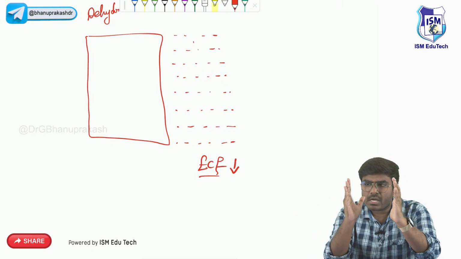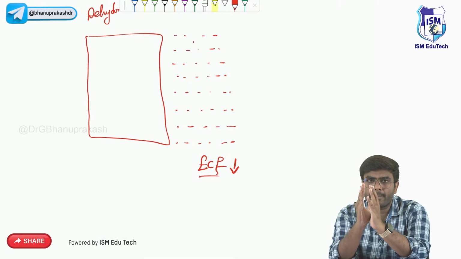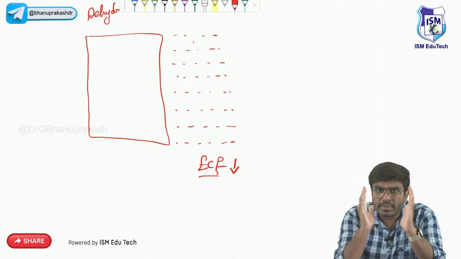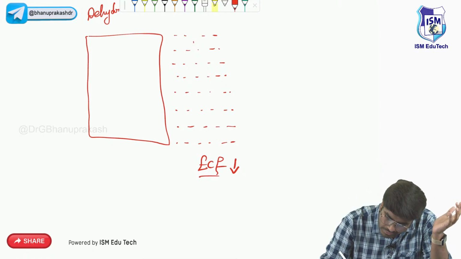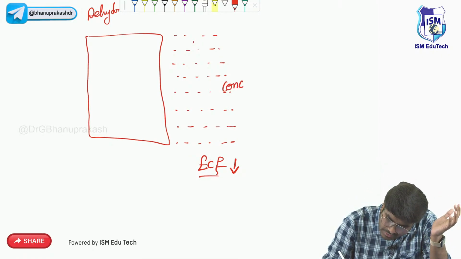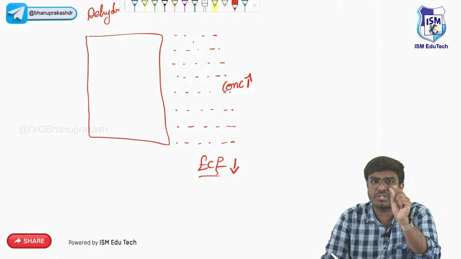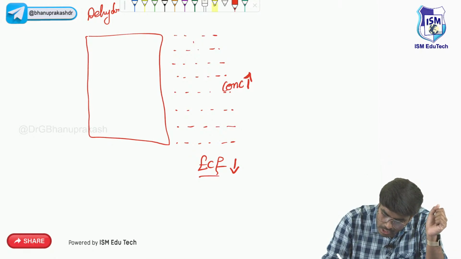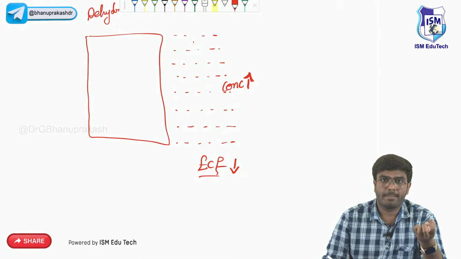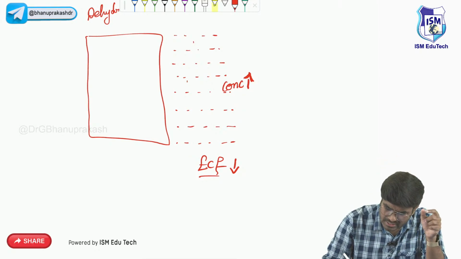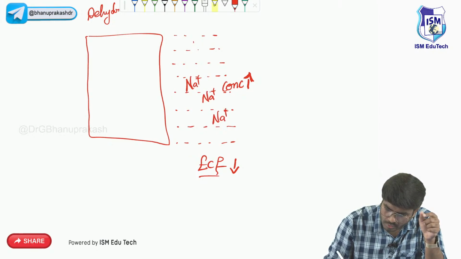So extracellular fluid volume is decreasing. Whenever it decreases, it becomes more and more concentrated, right? The concentration of the blood, or of the extracellular fluid, increases, which means more and more sodium is present here. Why?